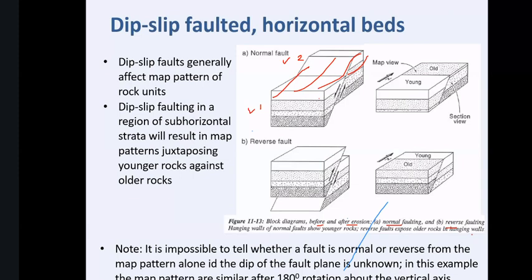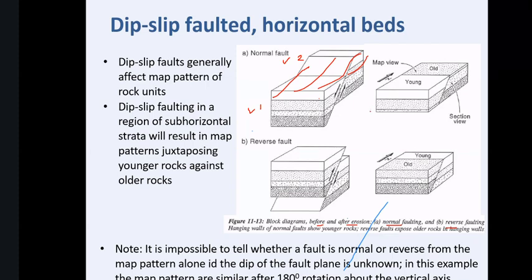I just wanted you to see how this plays out, especially on a map, because you're not going to see 3 dimensions on a map. A map is a 2D representation of features on the Earth's surface, right? So this is exactly what you're going to see on a map.